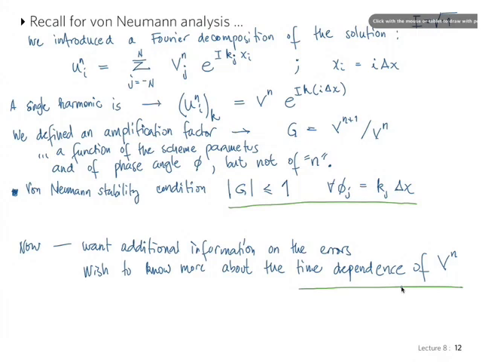So we're going to use, similar to the von Neumann analysis, this Fourier decomposition, both on the analytical solution and the numerical solution, and we're going to develop that a little bit more.